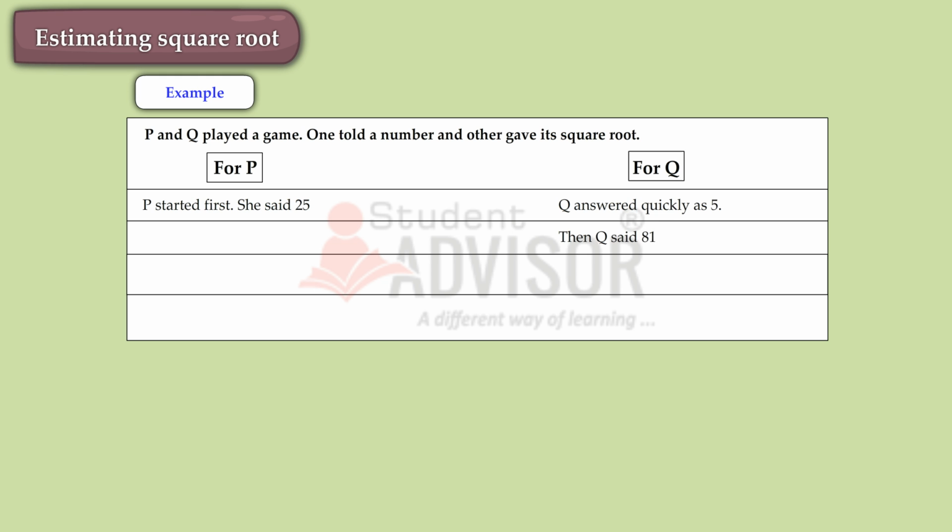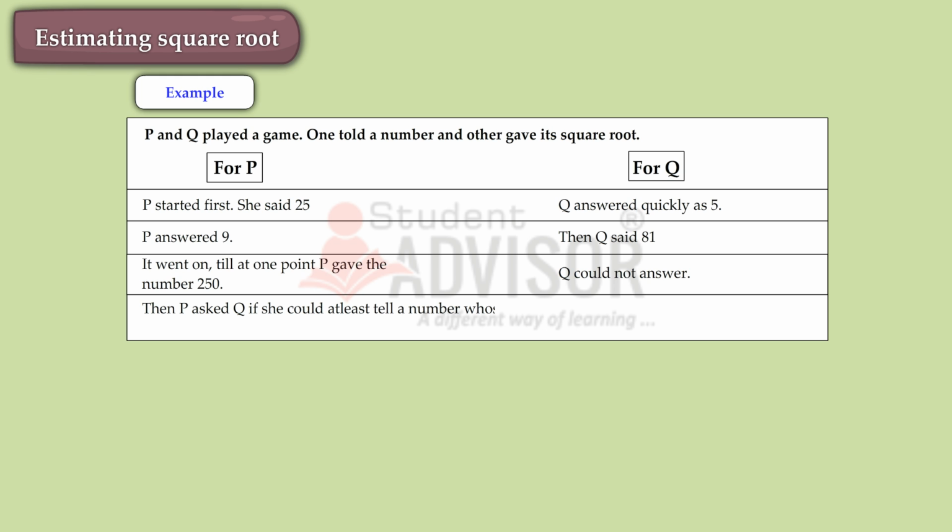Then Q said 81. P answered 9. It went on, till at one point P gave the number 250. Q could not answer. Then P asked Q if she could at least tell a number whose square is closer to 250. In all such cases we need to estimate the square root.